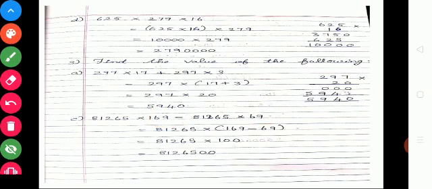First, what to do? Solve in this bracket first. So do the subtraction. 169 minus 69 is 100. Yes. And then next, multiply 81,265 into 100. Your answer is 81,26,500.